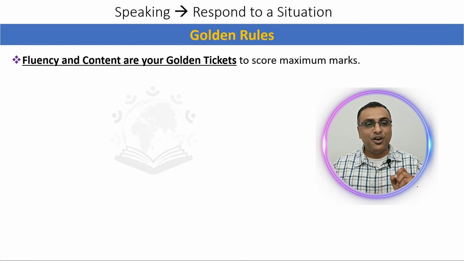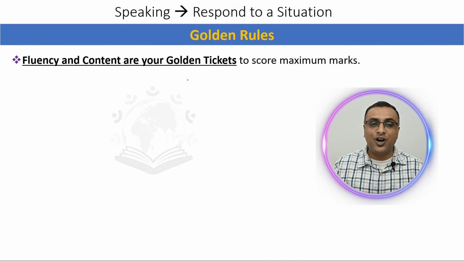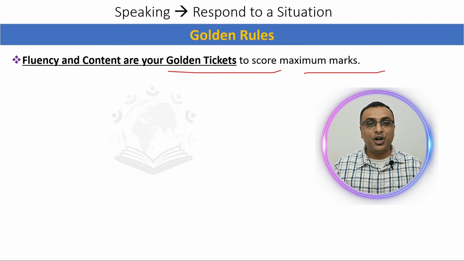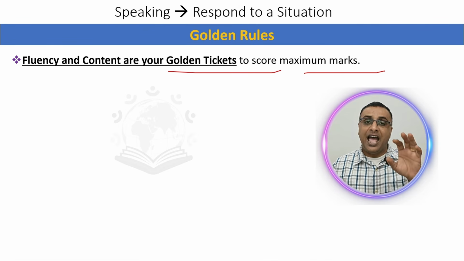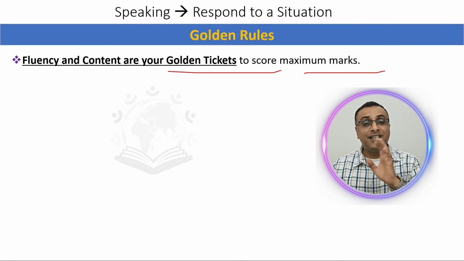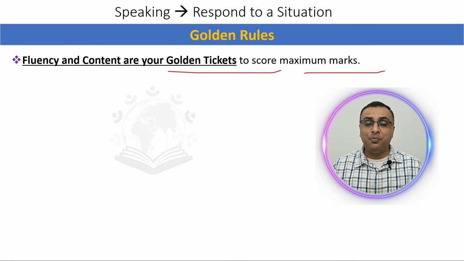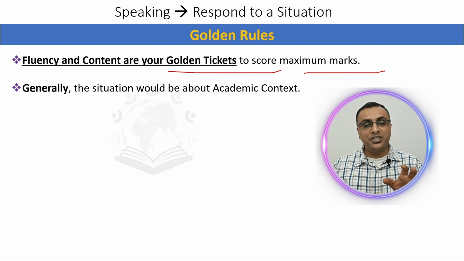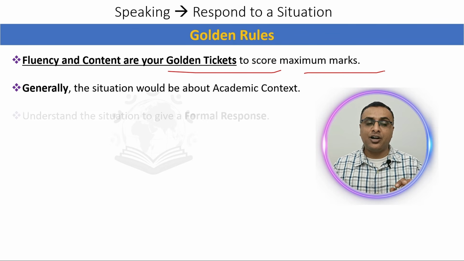First and foremost, fluency and content are your golden tickets to score the maximum amount of marks. So make sure to stick to the content and maintain your fluency and pronunciation while responding to this particular question. Next, generally, the situation will be in an academic context.